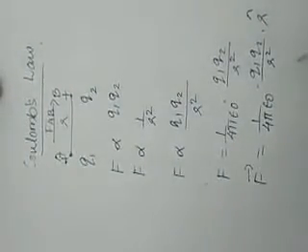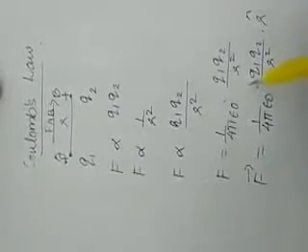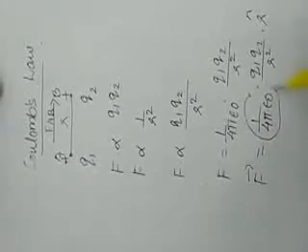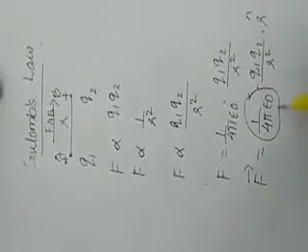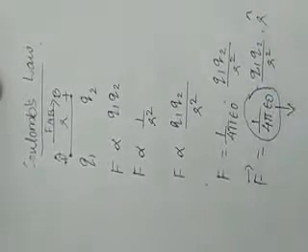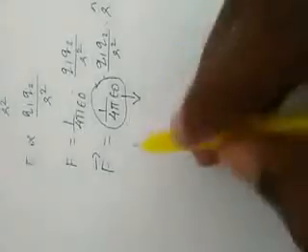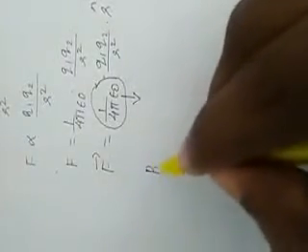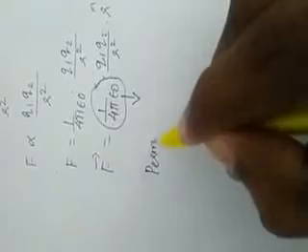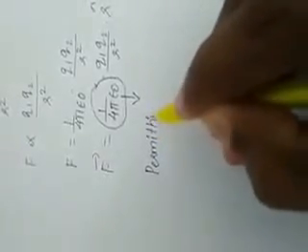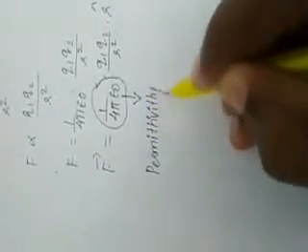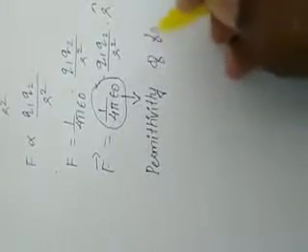Okay, next is our proportionality constant. 1 by 4 pi epsilon 0 is our proportionality constant, where epsilon 0 is known as the permittivity of free space.